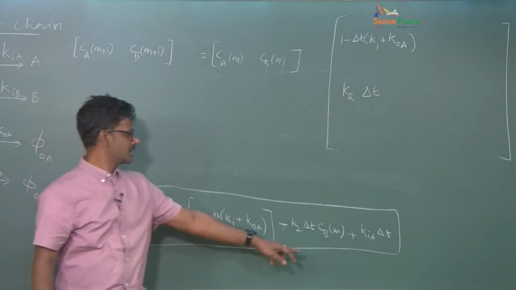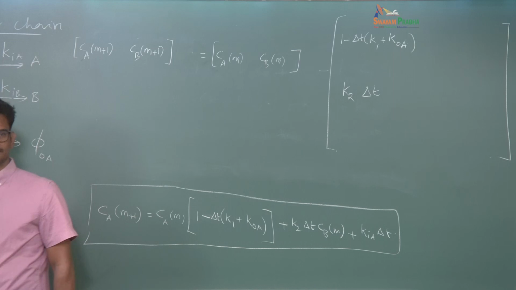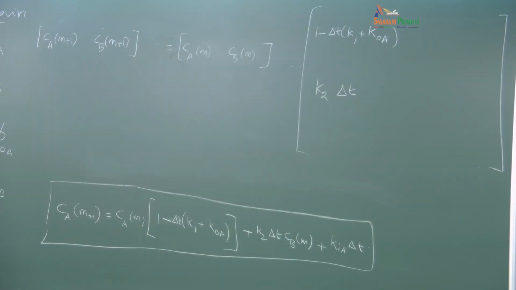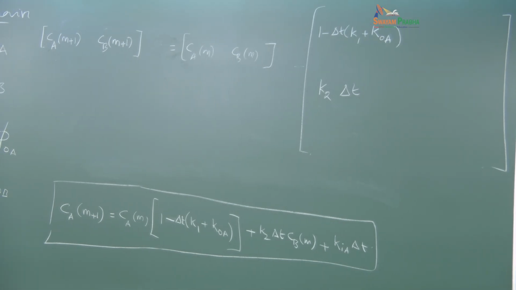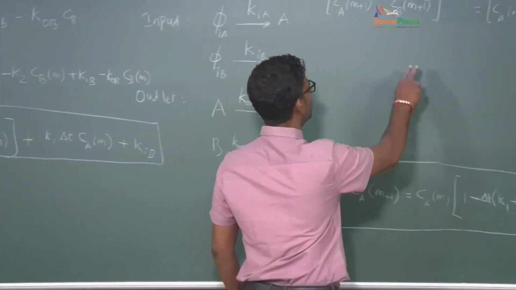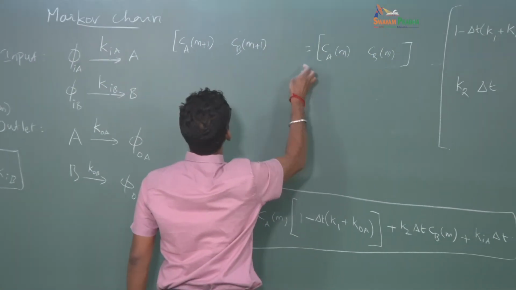How would I add this constant term? We need to add an additional state to add a constant term. So I'm going to add a virtual state of unity.